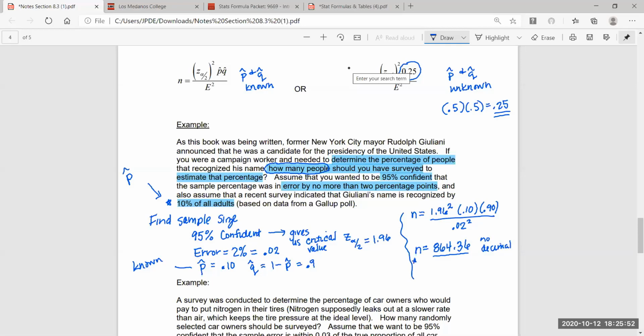Yet, we can't survey less than that number of people, because for our results to be as accurate as we need them, to be 95% confident and to have an error within 2%, we need to survey at minimum that. So what you're going to do on these is you're going to round up, and we're going to make this 865. Because that's the minimum number of people that need to be surveyed.